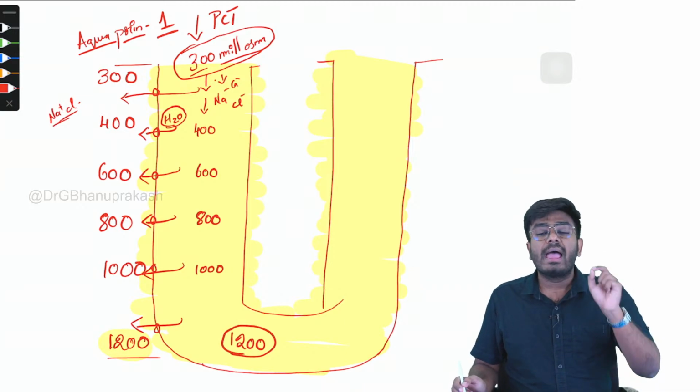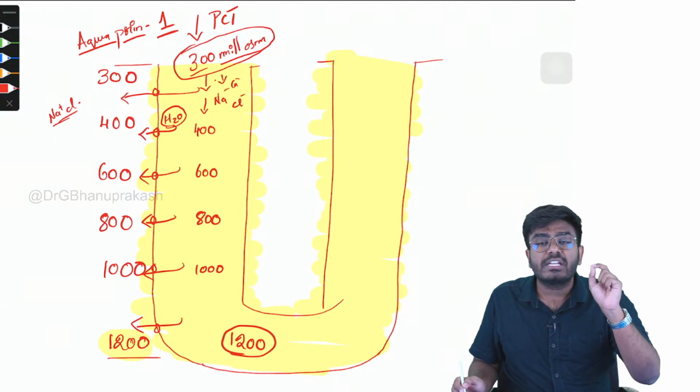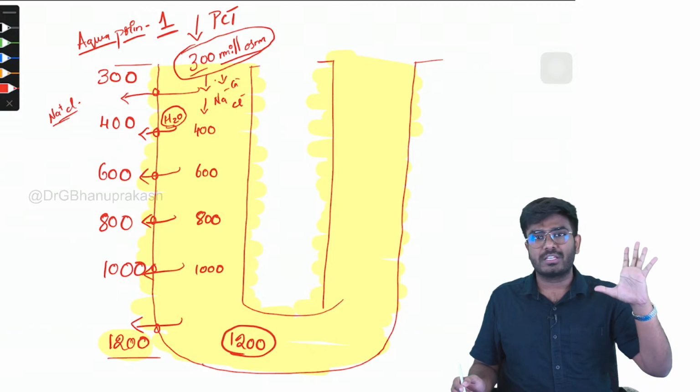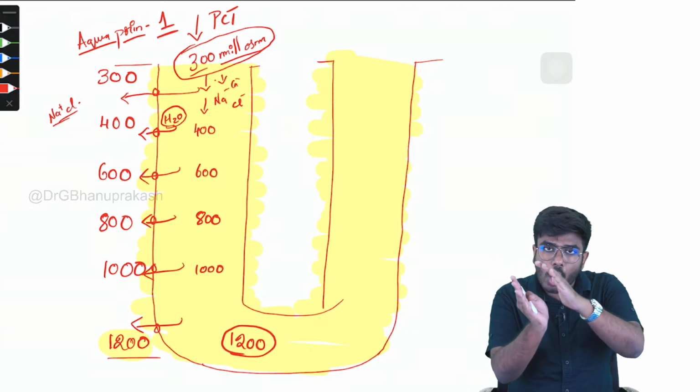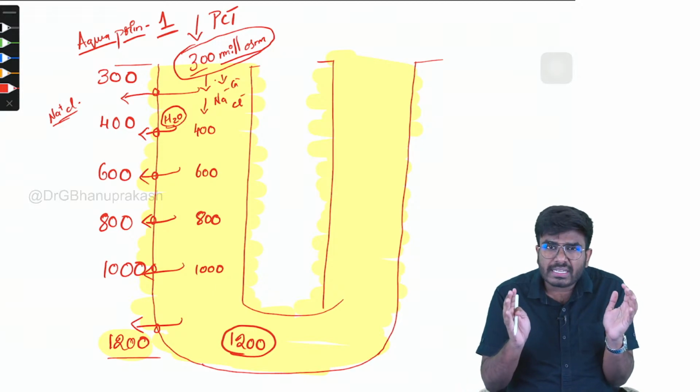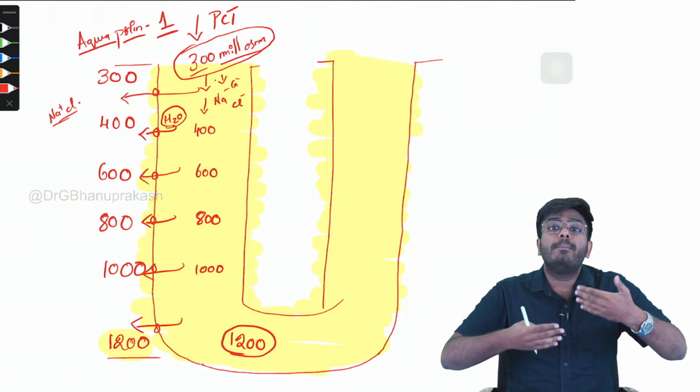So in the hairpin turn, the concentration of urine will become 1200 milliosmoles. It's equilibrating. All the fluid is getting reabsorbed, but the solutes are not, so solutes are getting concentrated in the urine.